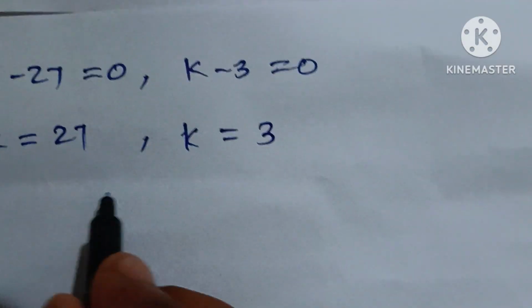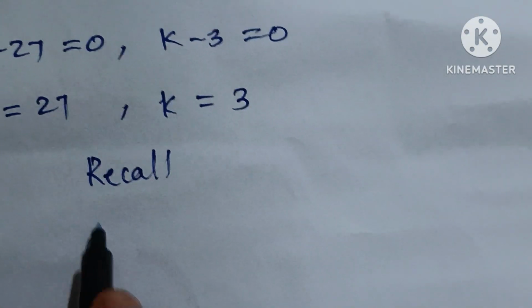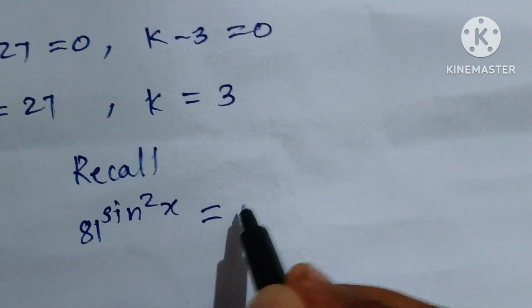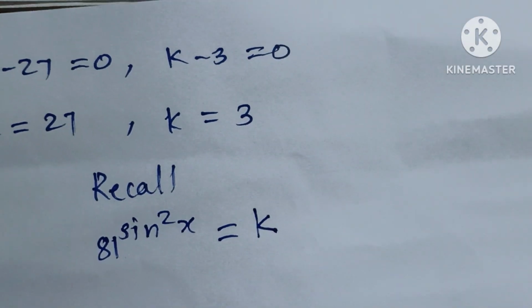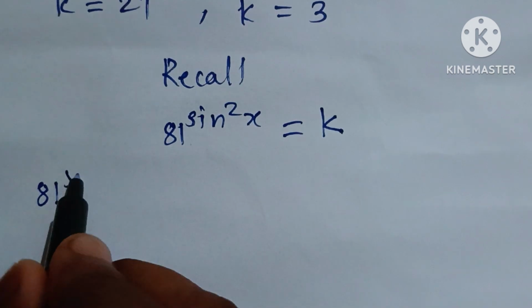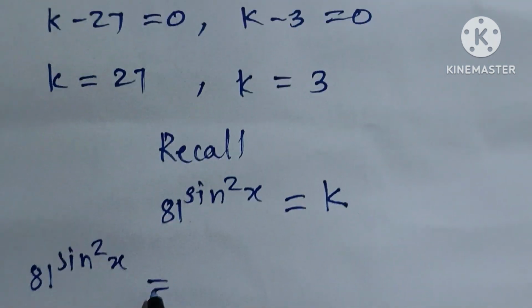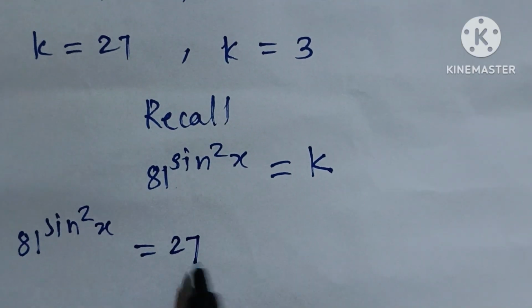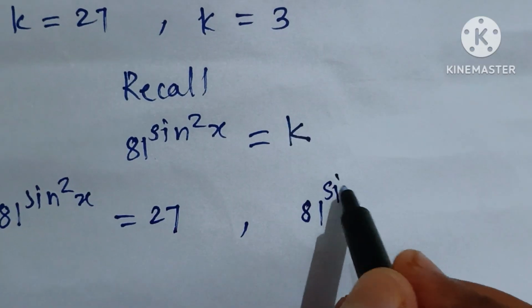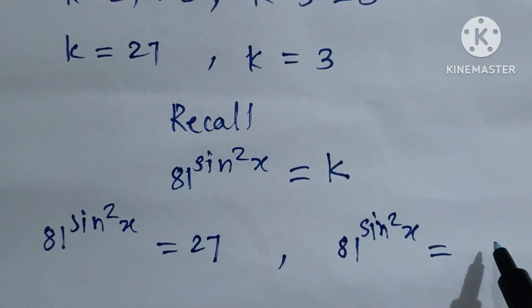Now recall 81 to the power sin²x equals k. Putting the value of k, 81 to the power sin²x equals 27, and 81 to the power sin²x equals 3.